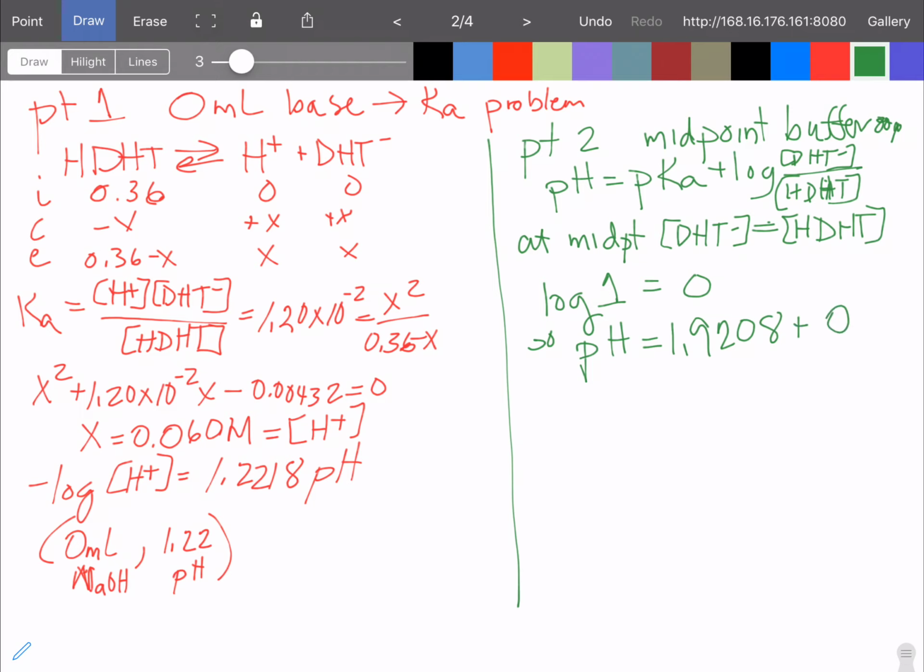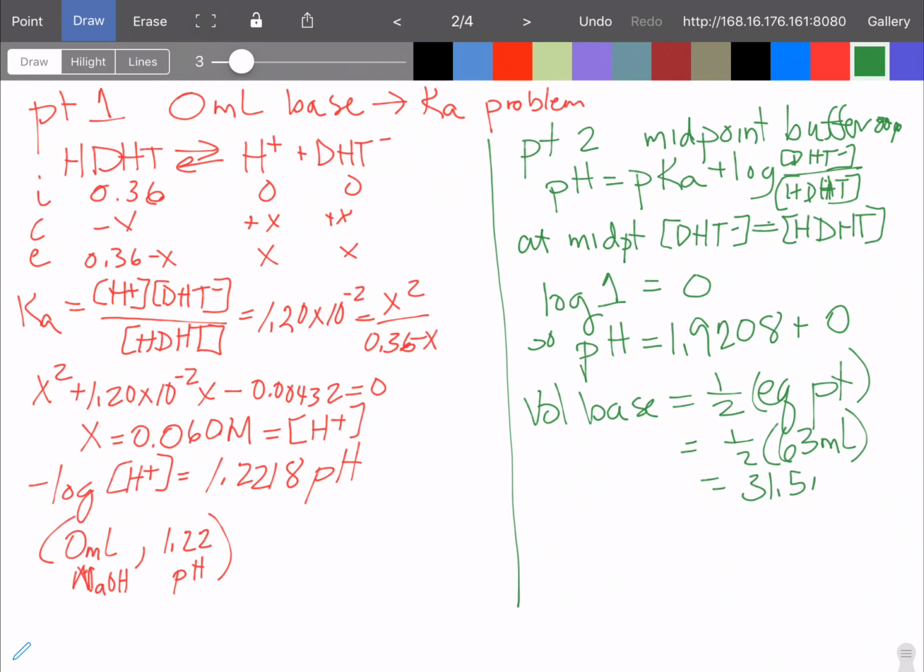So that's our pH. Our volume of base is going to be halfway to the equivalence point. Our equivalence point was 63 milliliters, so halfway is 31.5 milliliters.